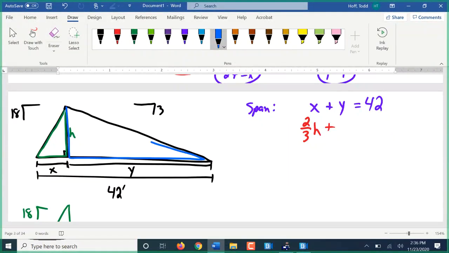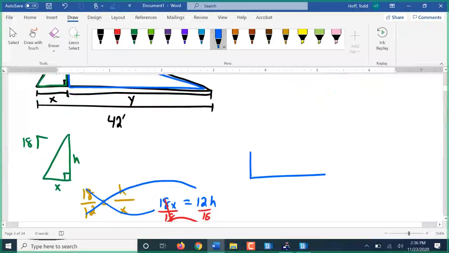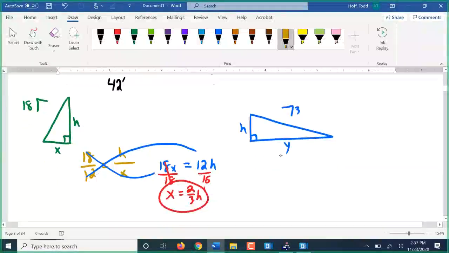We're going to look at this triangle. So that one has a 3/12 slope, a rise of h, and a run of y. So we start with our slope of 3/12, 3 over 12, equals a rise of h over our run of y.